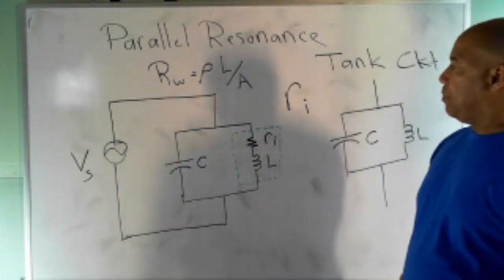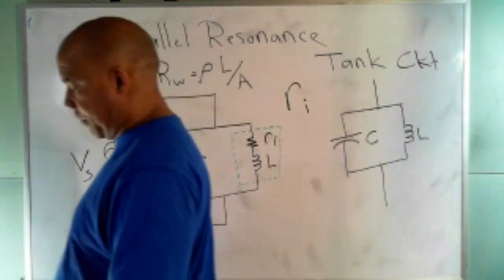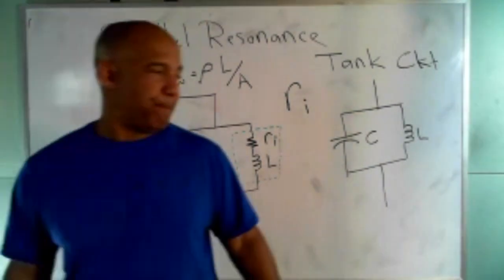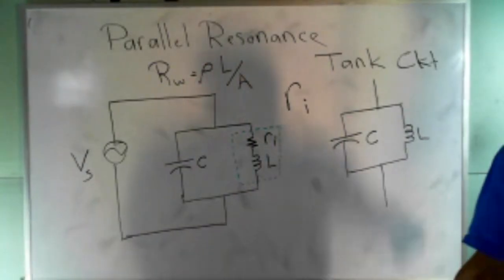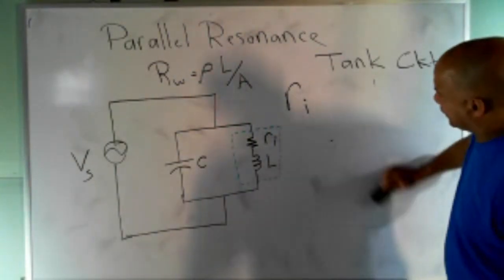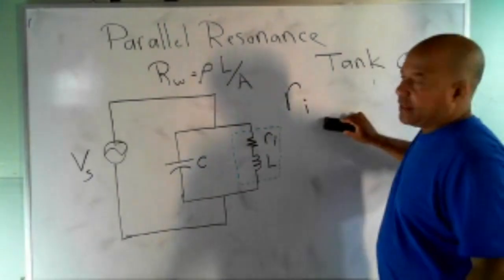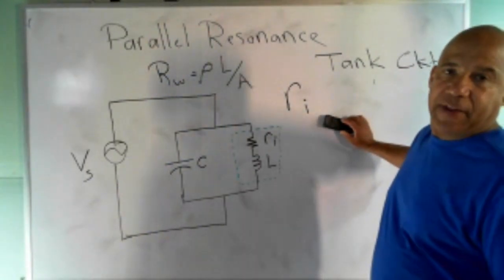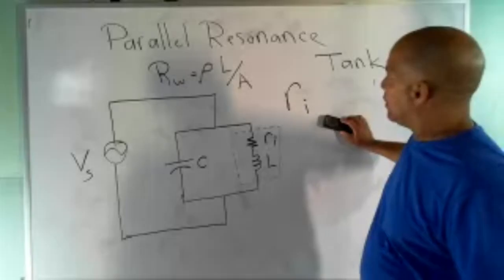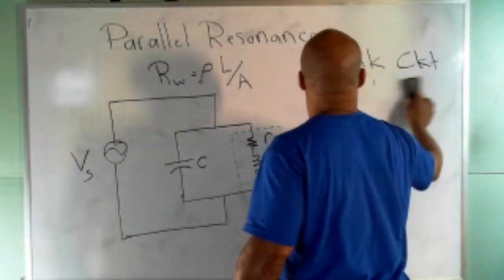But in the parallel resonant circuit, what happens is the line currents are out of phase by 180 degrees. What do I mean by the line currents?